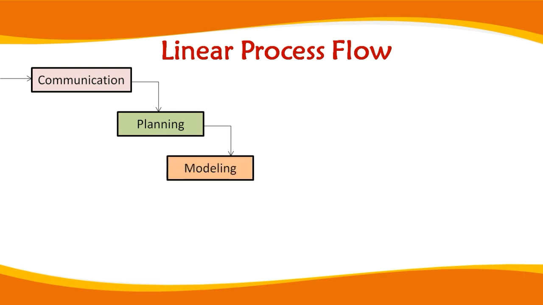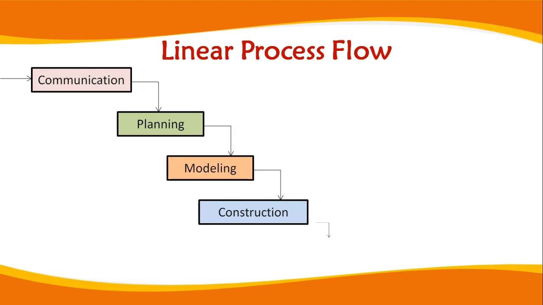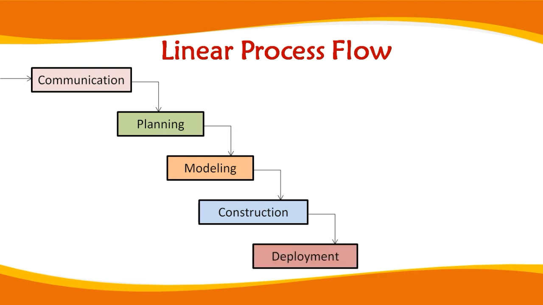They are going to design the plans. After modeling, by seeing the pictorial representation, the developer is going to construct the product. Coding and testing is done here. After the construction, they have to deliver the project to the customer, that is the deployment phase. So this is the linear process flow going in a sequential way.